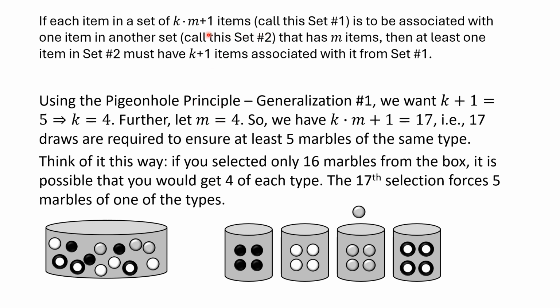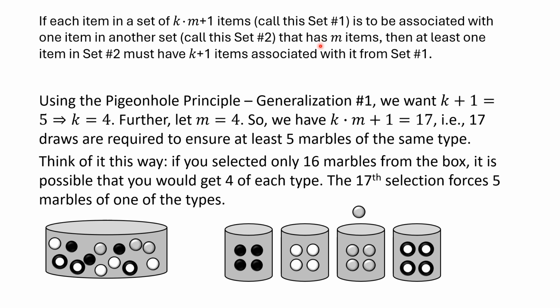we can kind of extend the pigeonhole principle where we have multiple types of items in set 1, and they're assigned to a particular type of container in our set 2. So there's more than one type of container in set 2.